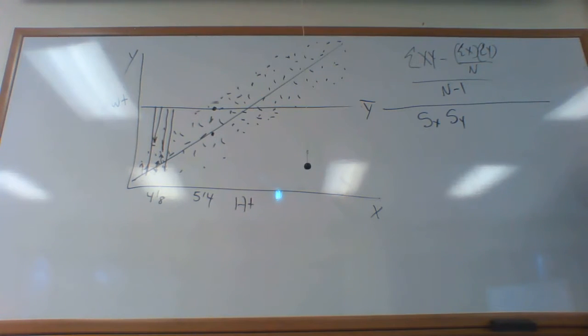Is that n minus the number 1 or minus one of the? N minus 1, it's the number of scores minus 1. So that's just another way to do the exact same thing.